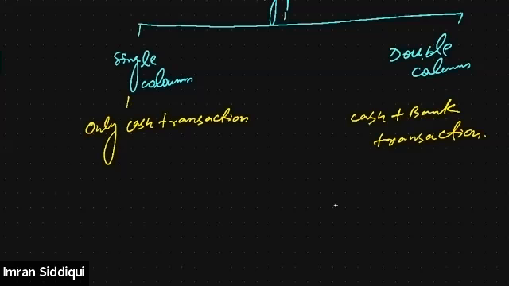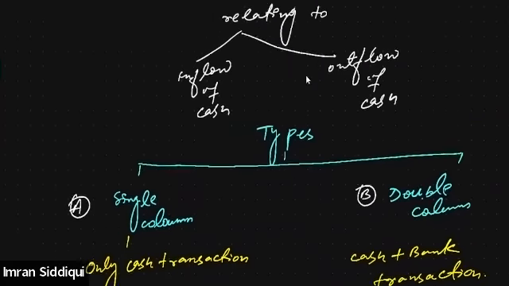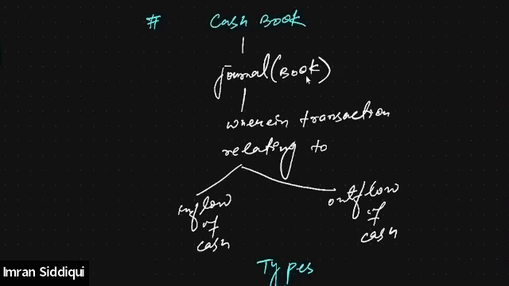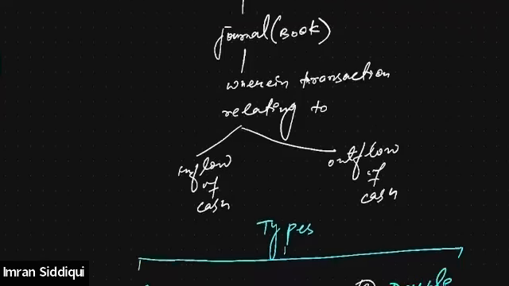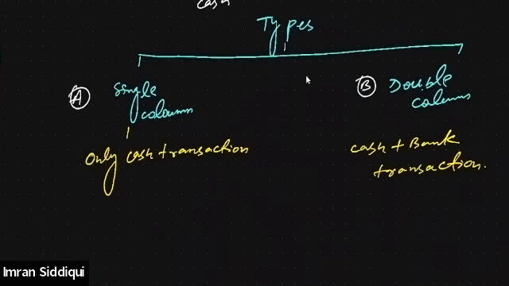Has everybody understood? Is this point clear to all of you? Yes, sir. So until now, I just explained that cash book is a kind of journal, or a financial record, wherein transactions relating to inflow and outflow of cash are recorded.